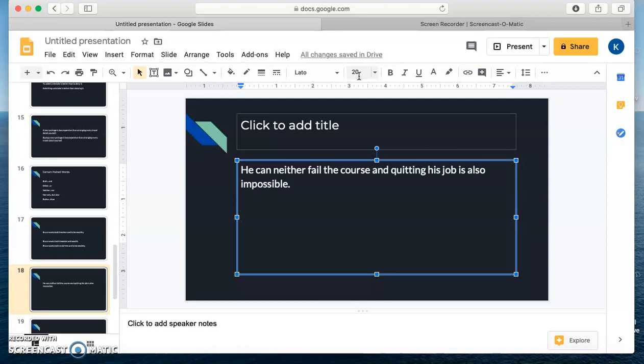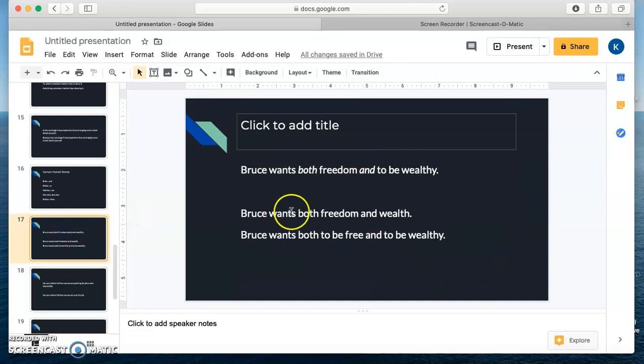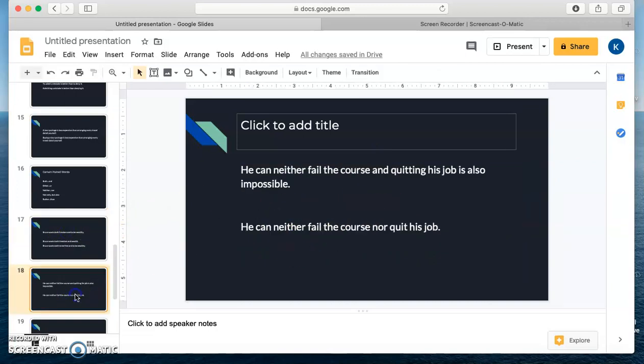And so what we're going to want to do instead is change it to "he can neither fail the course nor can he quit his job." Both of these are a simple verb with a phrase, fail the course, nor quit his job. Do you see how the neither and the nor go together just as the both and the and?